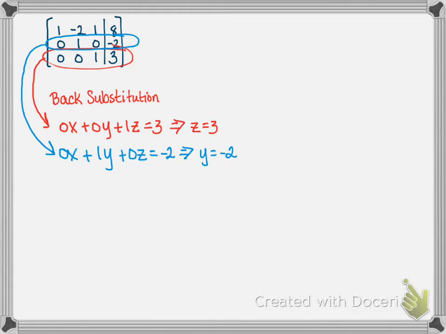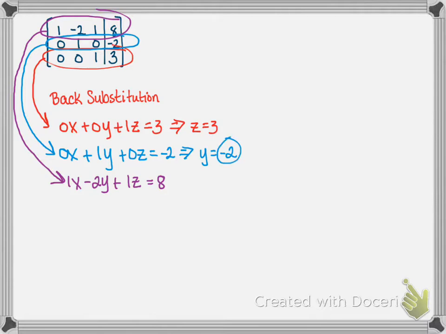In some cases, not this case, we would have had an equation with a z as well, where we would have had to substitute the 3 in for the z to figure out what y was. Here we did not. Our last equation is 1x minus 2y plus z equals 8. So here, in order to figure out x, we do need to use some substitution.